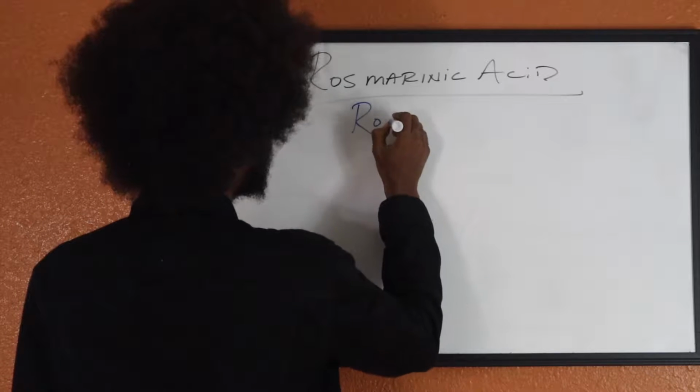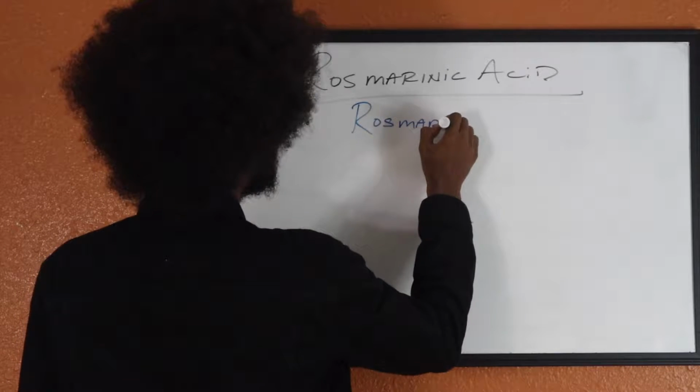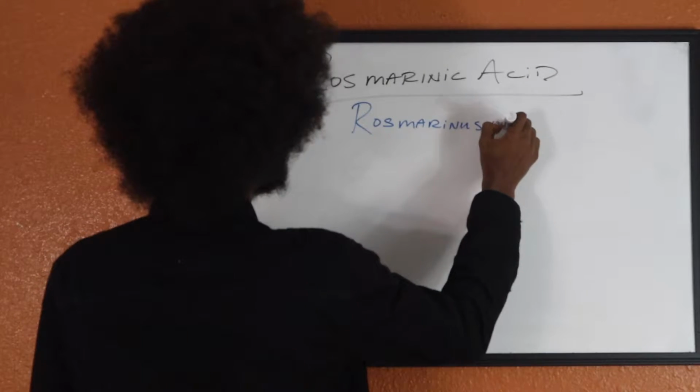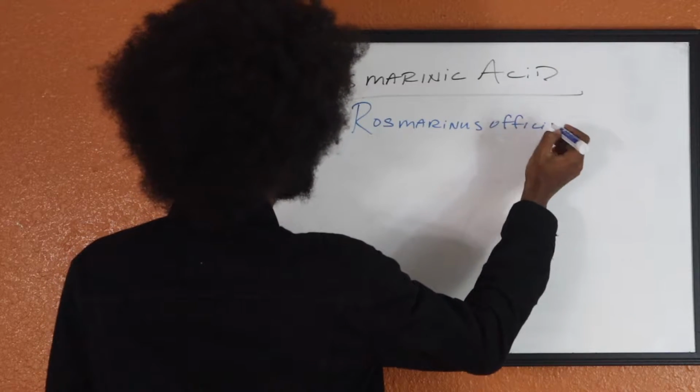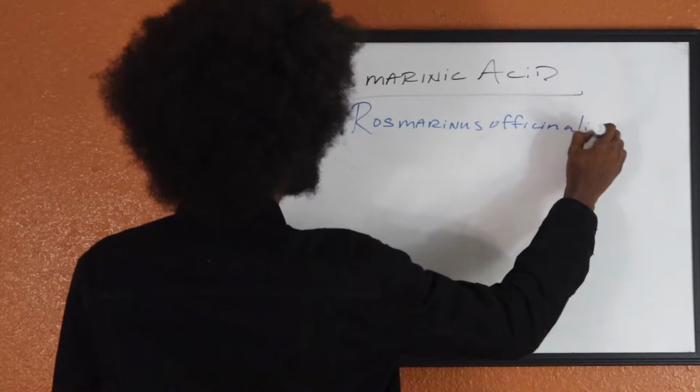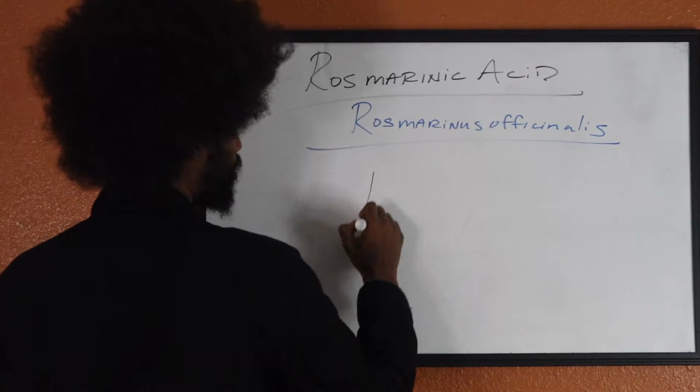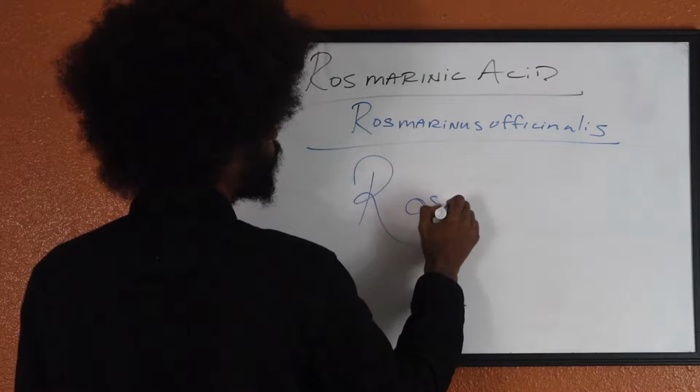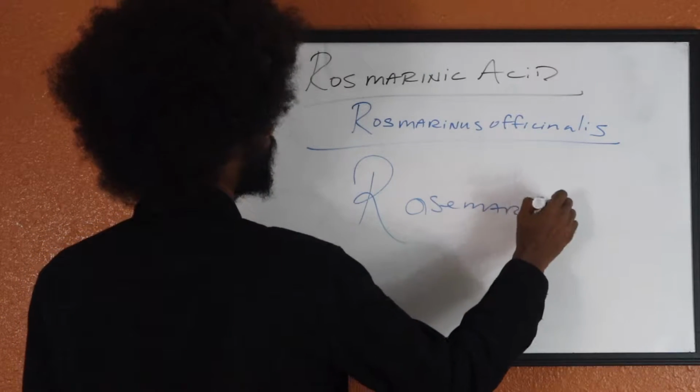Rosmarinic acid is specifically in Rosmarinus officinalis, also known as rosemary.